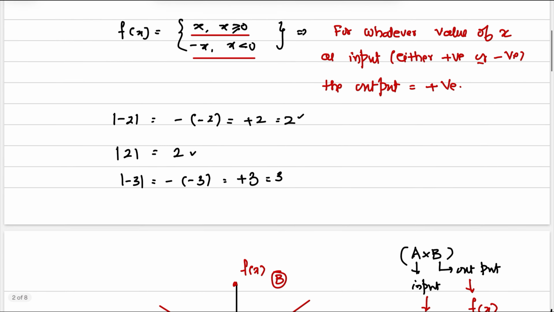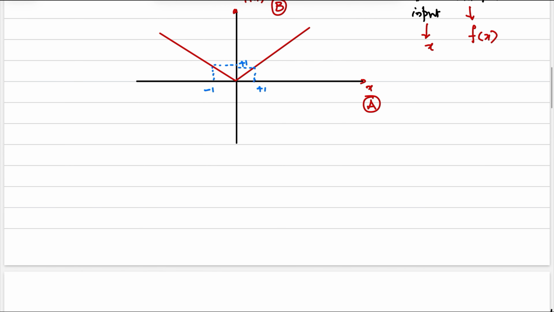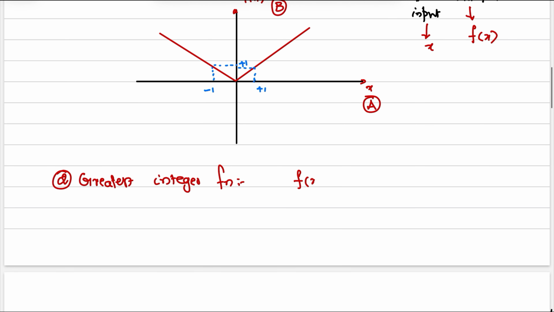Next is the greatest integer function. That is, f(x) is equal to the greatest integer of x. That means the x value, the greatest integer value.